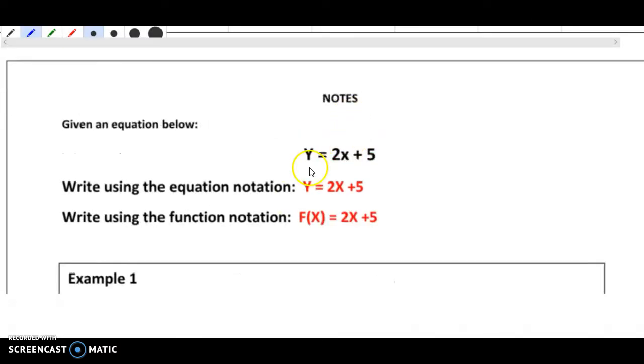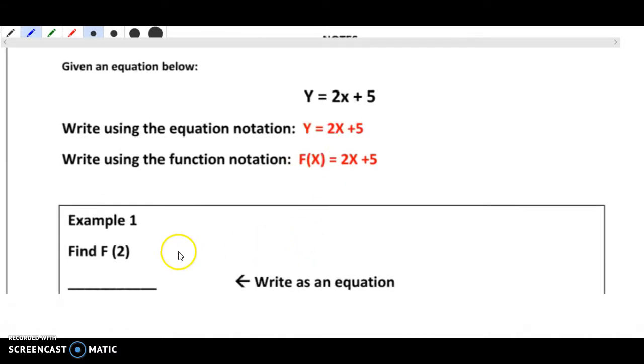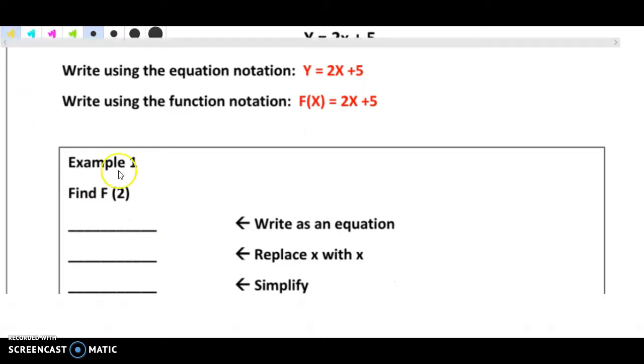So we have our equation y equal to x plus 5, and we want to write this in function notation, which is simply replace y with f of x. So f of x is equal to x plus 5. Now understand that when we say find f of 2, okay, are we looking for the input or the output?